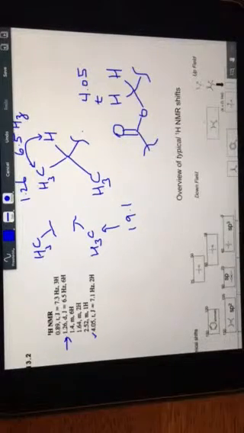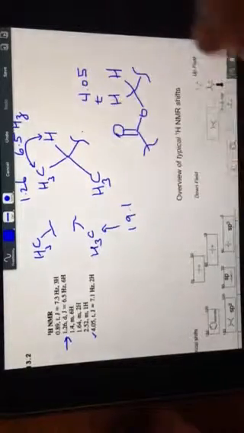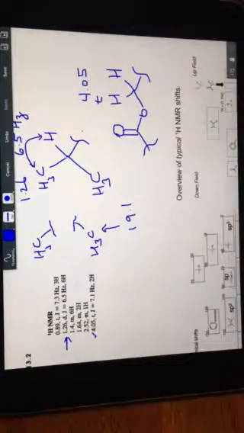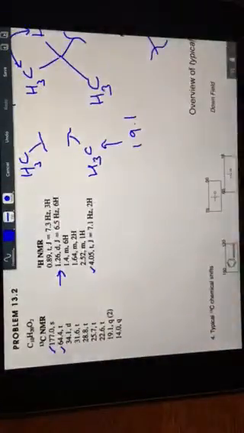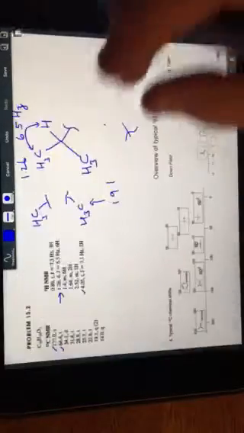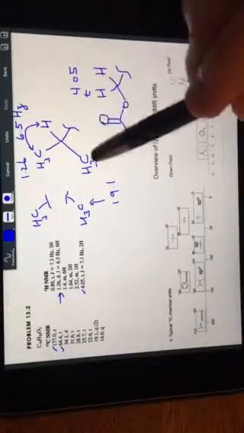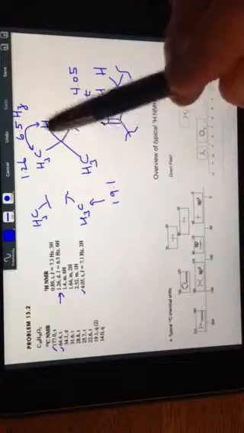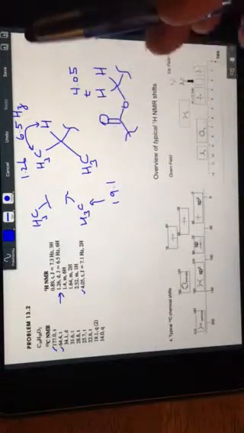All right, so from that, we can now go and look at what we have remaining. Notice that this isopropyl group, this is an end group, okay?